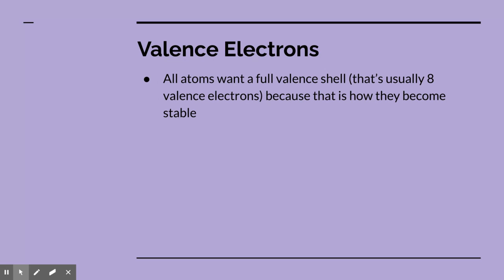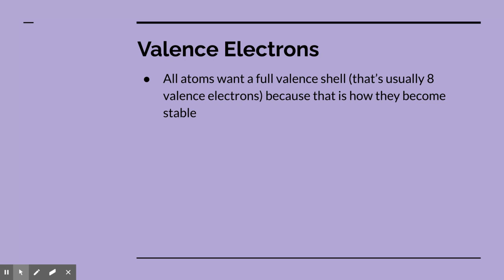So all atoms want a full valence shell, and that's usually 8 valence electrons. Think of it this way, even though the third shell holds 18, it's not that it always wants to go to 18 or it can't go to 18. With calcium there, calcium had 10 on the outside, but it's willing to lose 2 so that its very outside shell can hold 8.